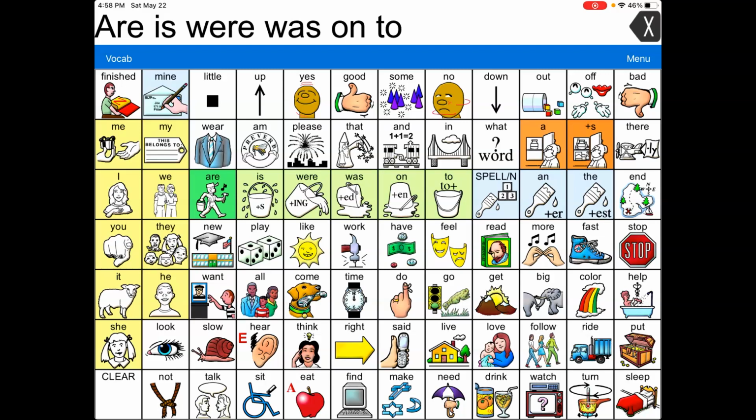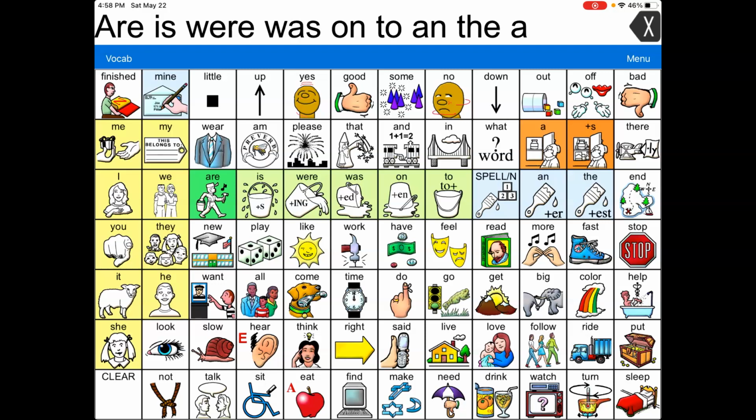If you keep going across, you'll also have an, the, and then if you go up to the orange keys, A is a one hit. These words are one hit because they're so frequently used when we're creating phrases and sentences.